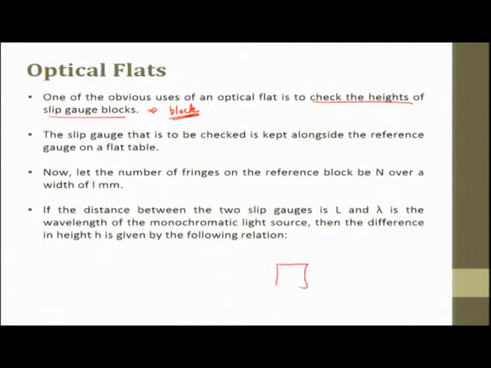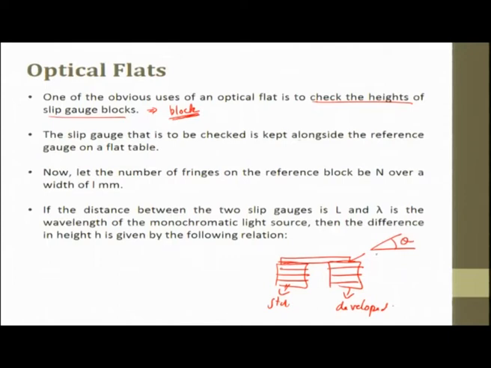You can keep it here, this is a standard and this is whatever you have developed. You can put an optical flat on it and try to check. This optical flat of course will be at a small angle theta.